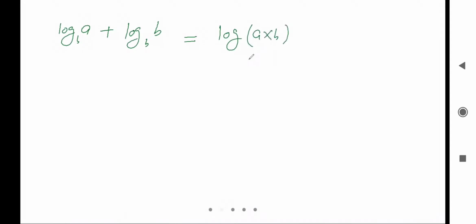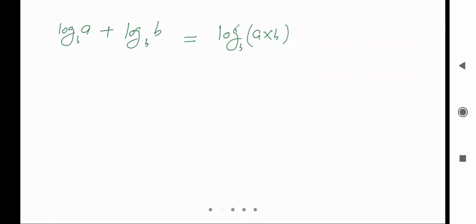Next we can say, if it is log of a base b plus log of b base b, then it is equal to log of a into b, and its base is b, right.